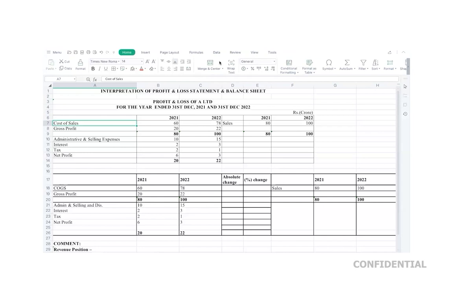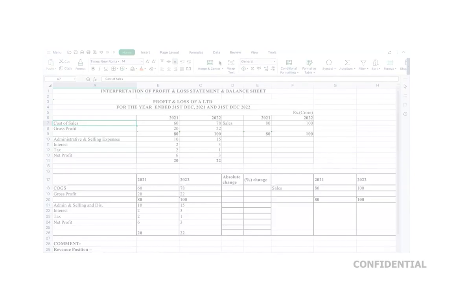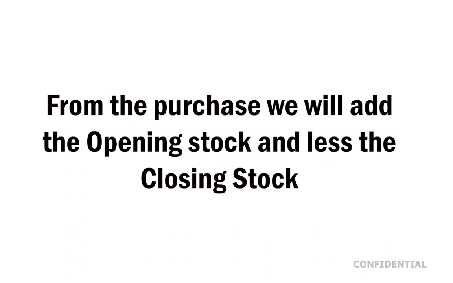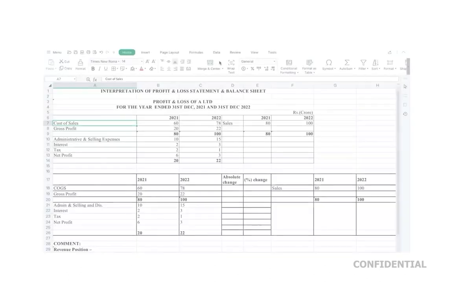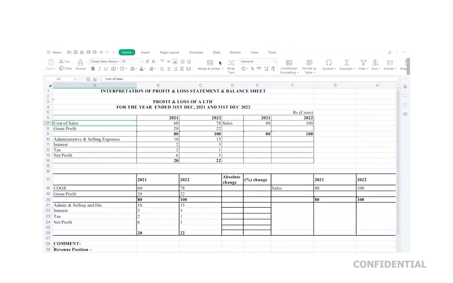Since they have not generated revenue, we are forwarding that cost to this year, and from that stock we are going to generate the revenue from that opening stock. So to the purchases we add the opening stock and less the closing stock. Closing stock is stock which has not been sold in this particular year, and we are going to sell it in the next year.